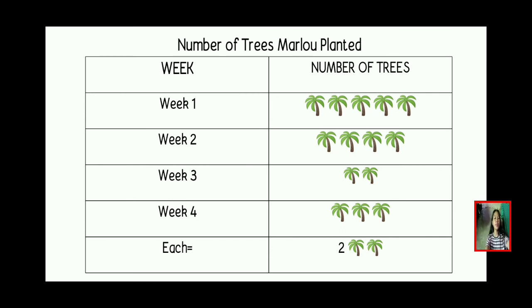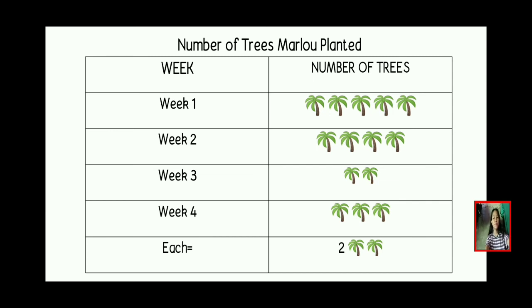To understand the number of trees Marlo planted, you would count the number of trees pictured in front of week 1 and then multiply that number by 2. There are 5 trees in front of week 1.